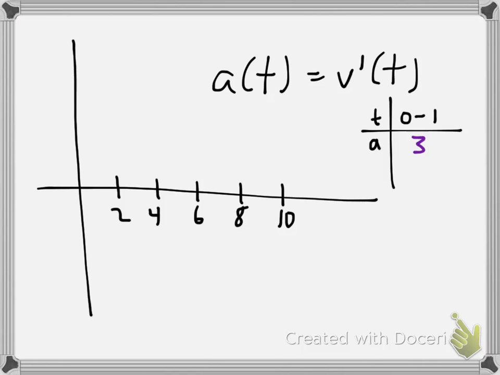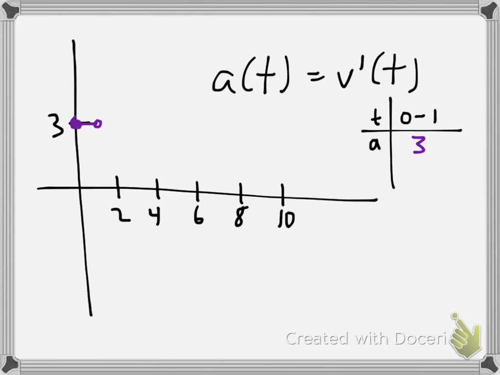I didn't do this chart very well. But the acceleration is 3, so let's put 3 up there on the number line. The acceleration is just the slope, so the slope is 3.